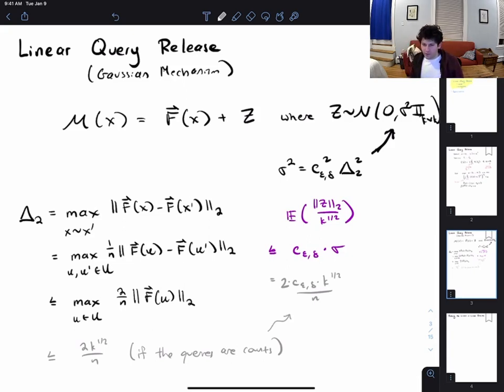I just want to map this back to things we understand so that we don't get confused. The important thing is that the L2 error, as I've defined it, is at most this constant depending on epsilon and delta times the L2 sensitivity of the function. That's just what we've said about the Gaussian mechanism.